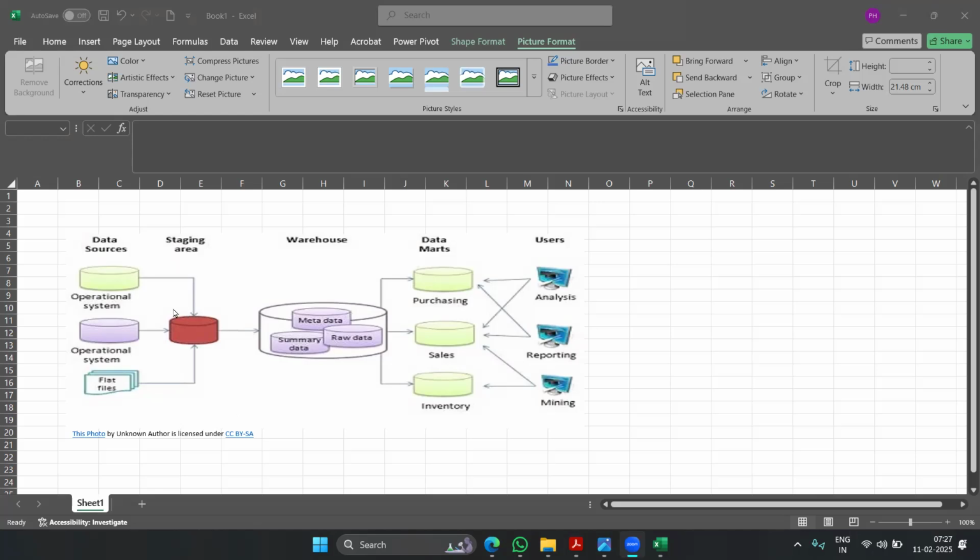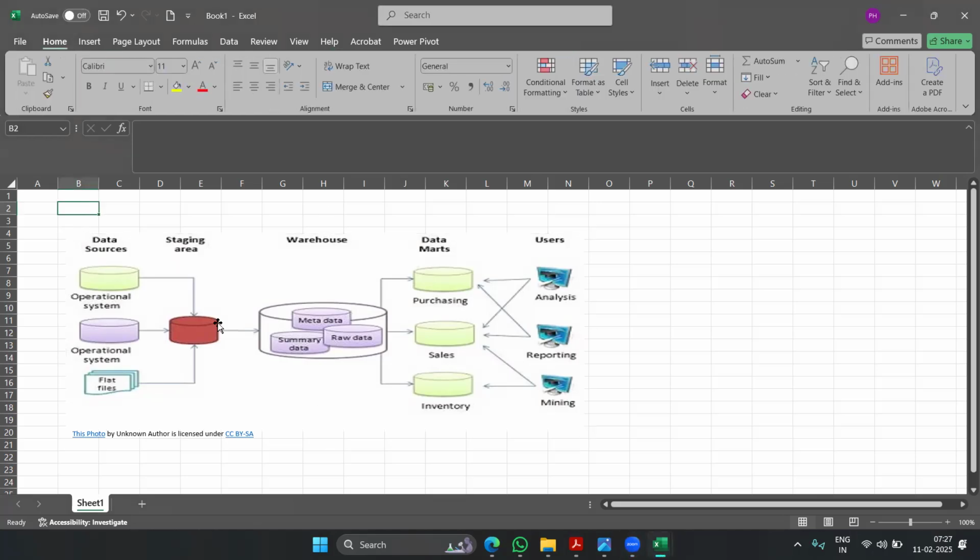So on a day-to-day basis, whatever transactions or activities are happening, first of all, we store them in the operational databases. In simple terminology, we call it OLTP.